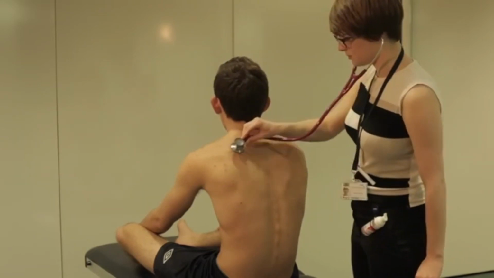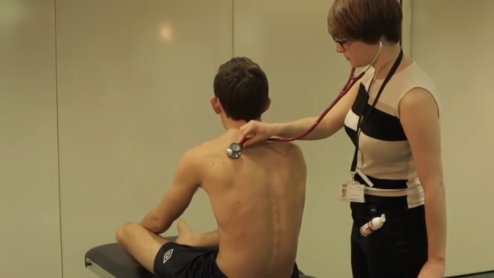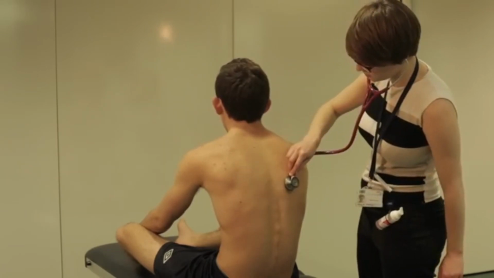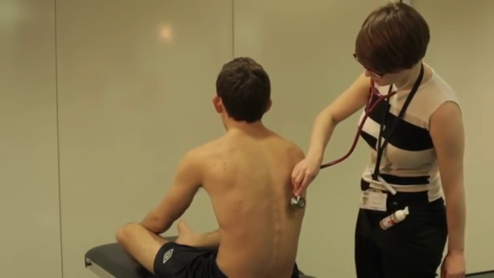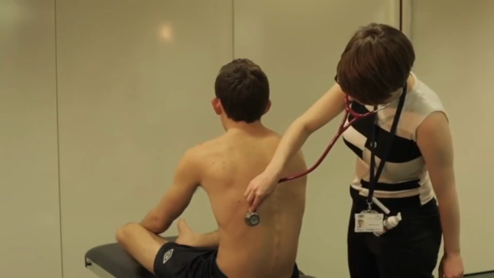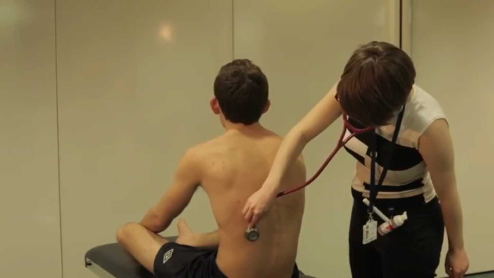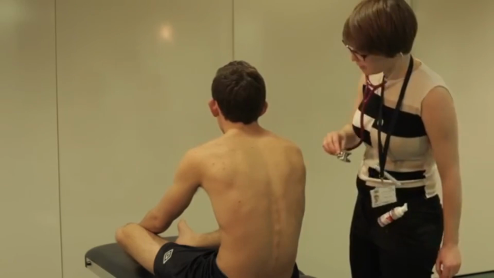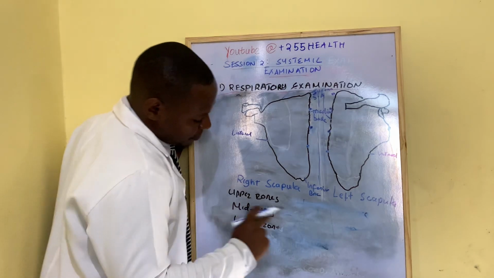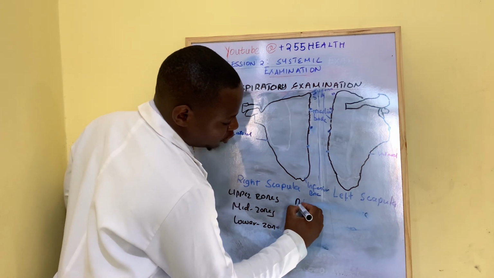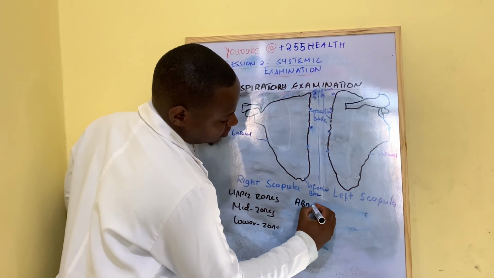So these are your auscultation points, which will enable you to auscultate the upper zones, the mid zones, and the lower zones of the lungs. I hope that's understood. So what are we also looking for? As we did in the anterior parts of the chest wall, we are looking for any abnormal sounds. After auscultating the upper, middle, and lower zones, you're going to look for any abnormal breath sounds.